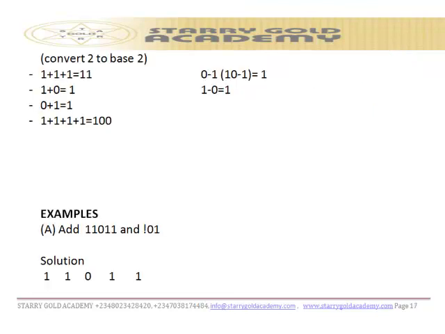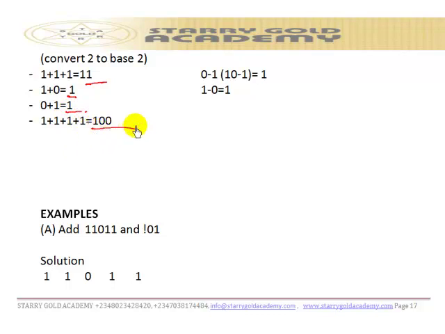So instead of converting all these things, just commit them to memory. 1 plus 1 is 10. 1 plus 1 plus 1 is 11. 1 plus 0 is 1, that one is normal. 0 plus 1 is 1, normal. 1 plus 1 plus 1 plus 1 is 100.